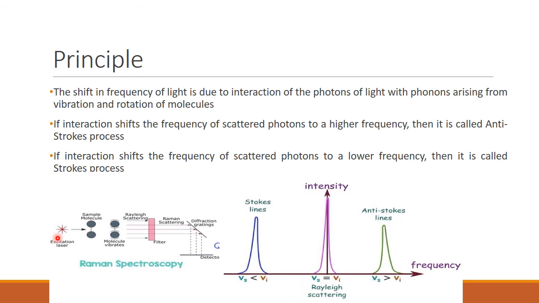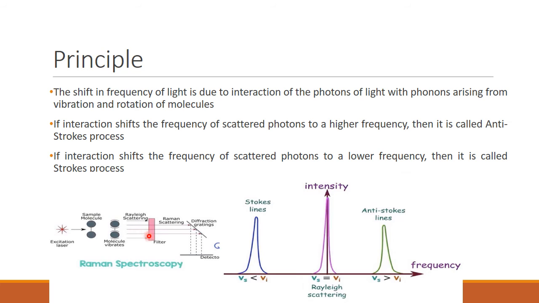Here you can see an excitation laser beam coming and interacting with the sample molecule, and due to that some scattered light comes out, and from there you will have both Rayleigh scattered light as well as Raman scattered light.